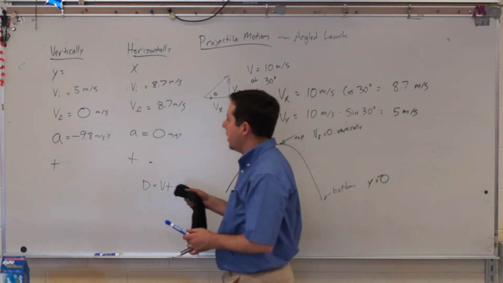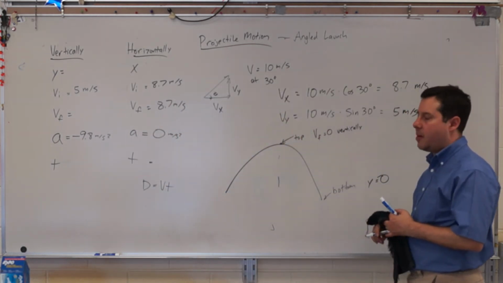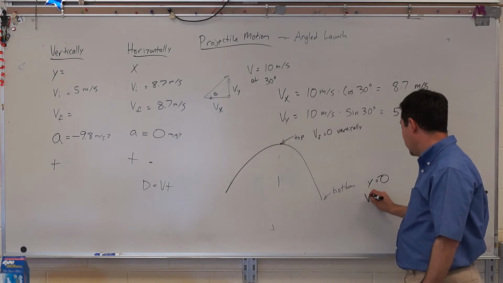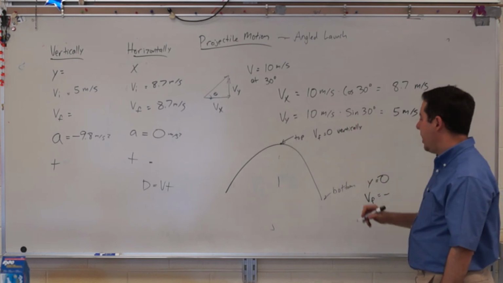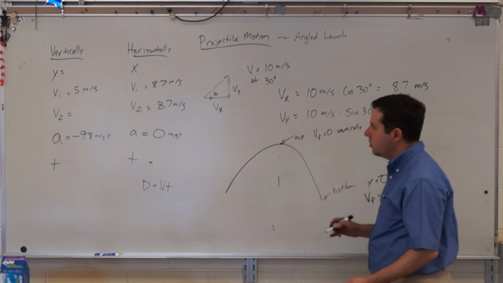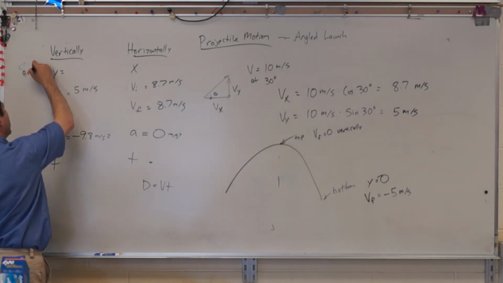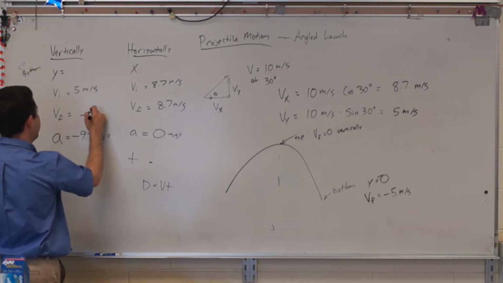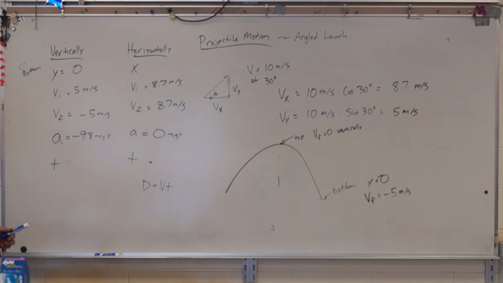And another thing that we can say, which you can work out yourselves, is that your V final should be exactly the opposite of your V initial. So if it went up at 5 meters per second, its velocity should be negative 5 meters per second. So at the bottom, when it hits, Vf is negative 5 meters per second, and your elevation is 0. And again, you can put these into kinematics equations and solve them, and we'll practice a little bit of this in class.